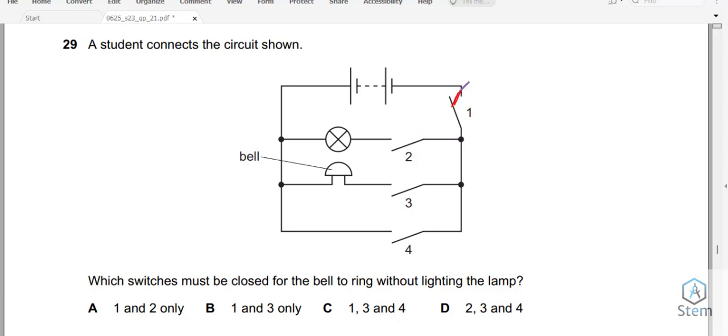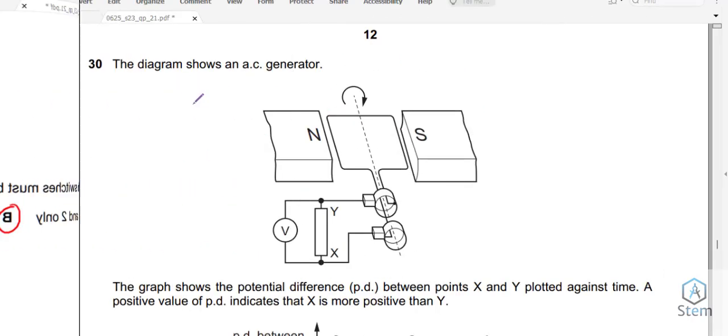So we have to close here and close there. Then there is a complete path for the bell, but it's broken here for the lamp. So we are looking at 1 and 3. That is B.